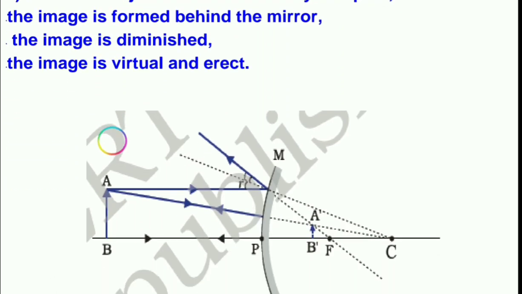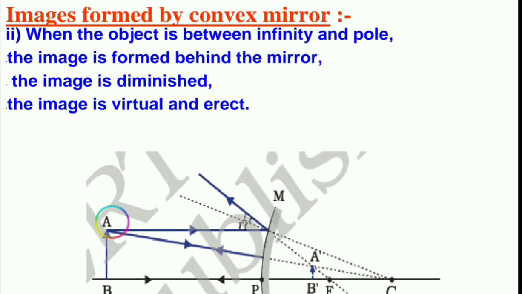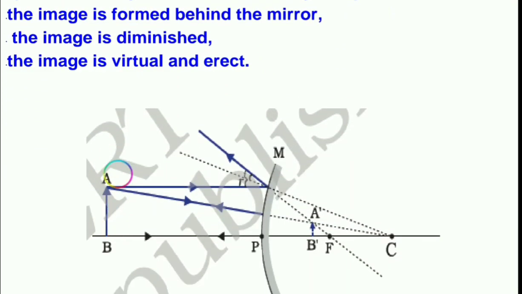Second point, when the object is between infinity and pole. Here is the object AB. First rule, a line parallel to the principal axis reflects back and appears to come from the focus. Second, any ray passing through the center of curvature retraces its path. The image is formed at A dash B dash.